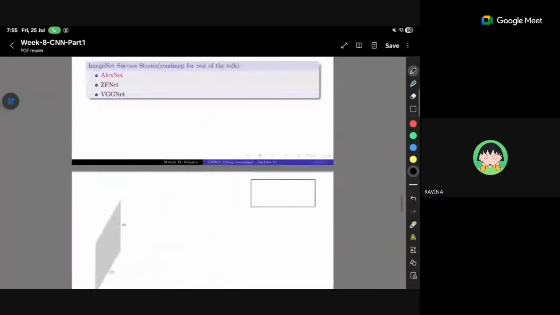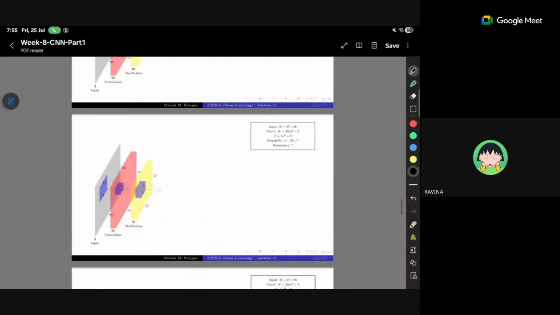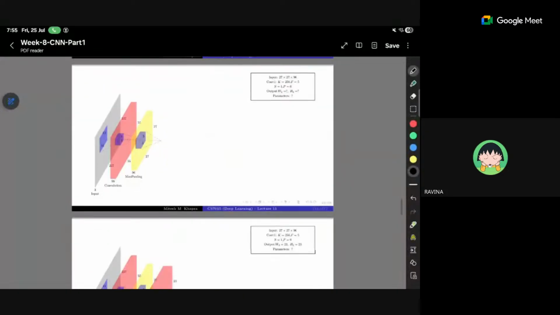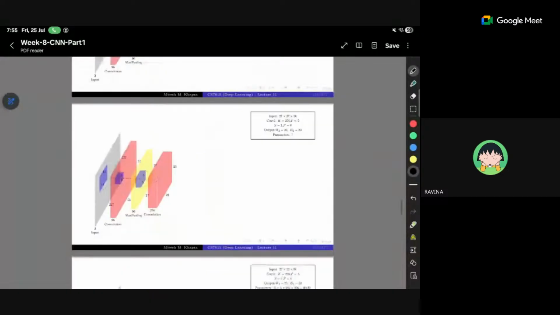ZFNet, AlexNet. You don't need to remember this. There will be no question on what the size or the architecture of AlexNet is. But at least you should know what is there, how many layers are there in this.